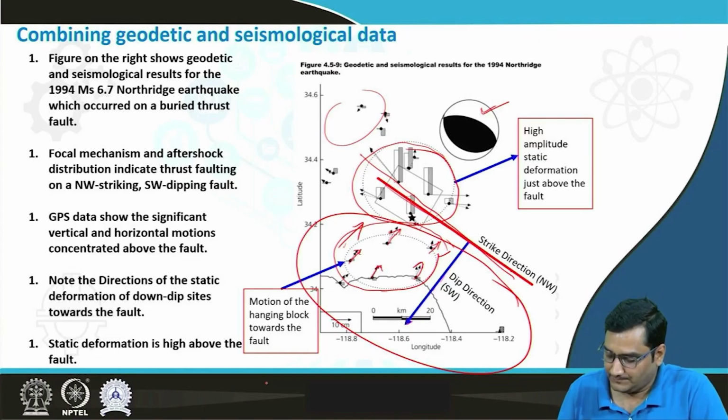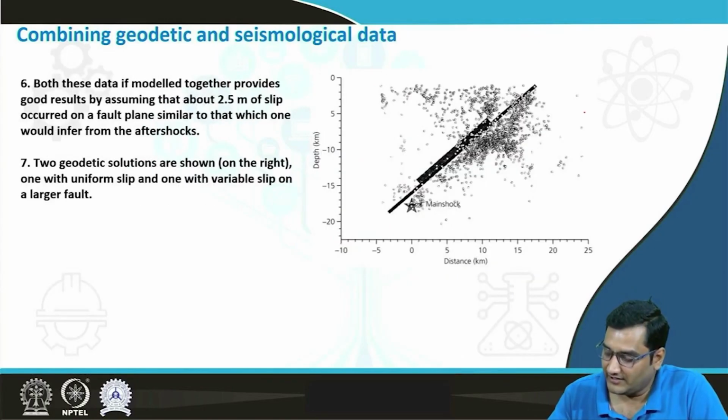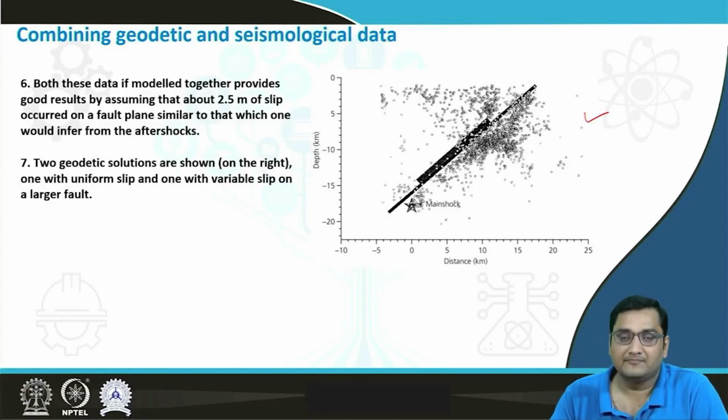And also, if you look at this particular diagram here, this represents the aftershock locations, and in this diagram we have modeled both of the data together, and those are providing very good results if we consider the 2.5 meters of slip that occurred on a fault plane similar to that which one would infer from the aftershocks.